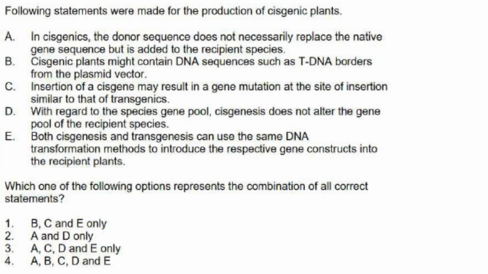Then the following statements are made about the production of cisgenic plants. So what are these cisgenic plants? They are genetically modified plants that contain genes either from the same species or from sexually compatible donor plants. What is the difference between cisgenic and transgenic?